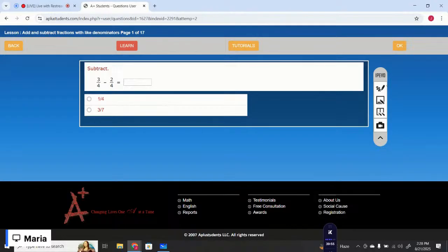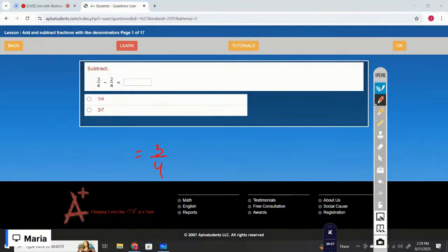Three by 4 minus 2 by 4. So they have exactly the same denominator. You need to subtract the numerator. So 3 minus 2 is 1. That is 1 out of 4.